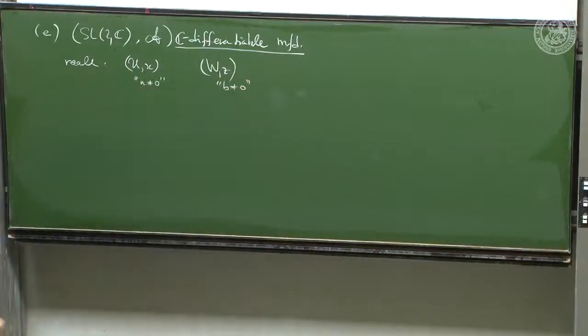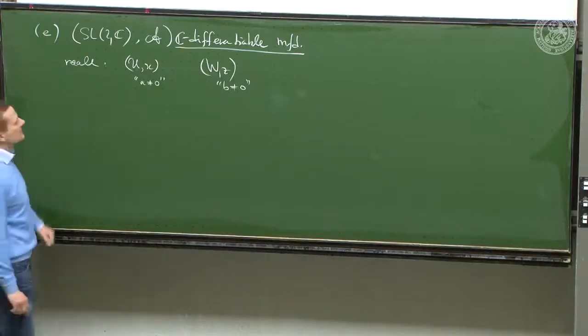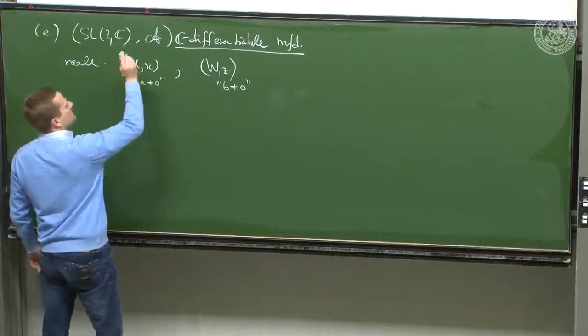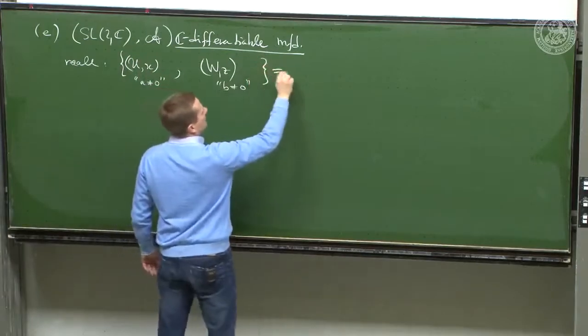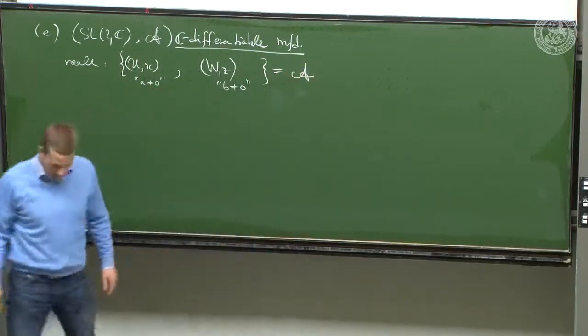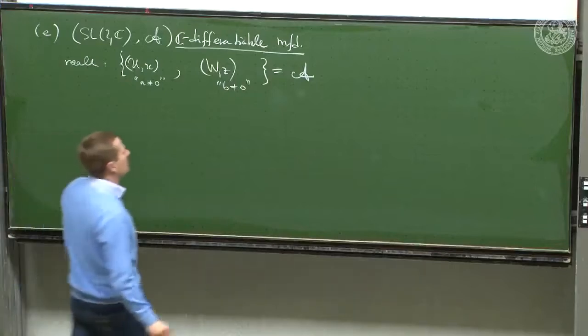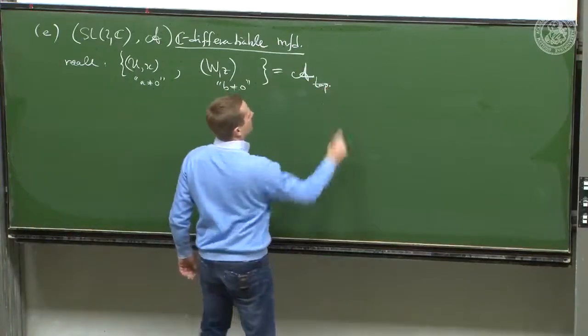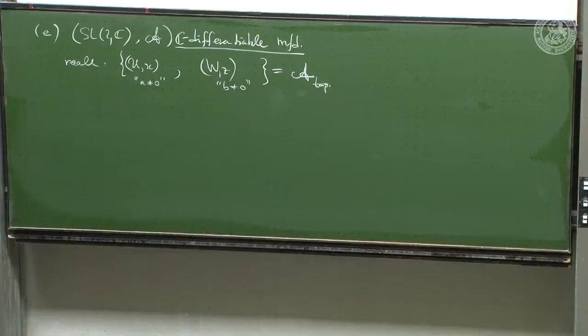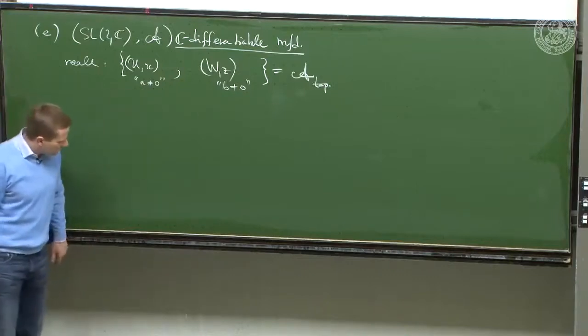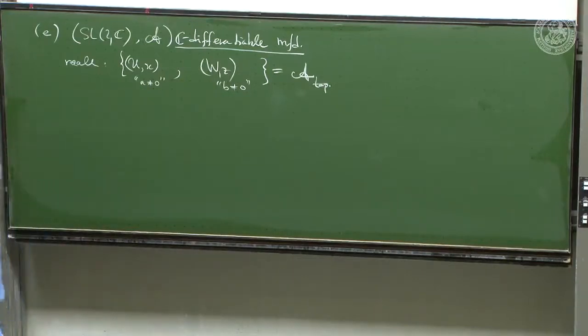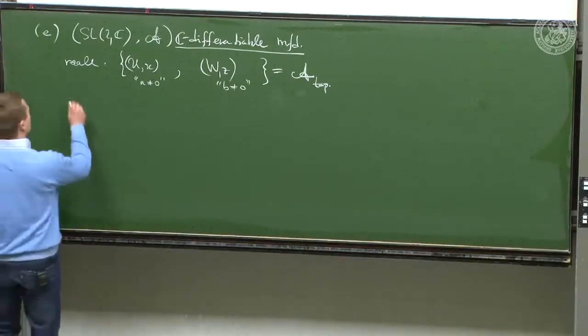That was the domain. We saw that these two charts together certainly form an atlas, but let's call it the topological atlas, because that's all we know so far. By construction these two charts are C0 compatible, but now we need to check whether they're C infinity or C1 compatible.